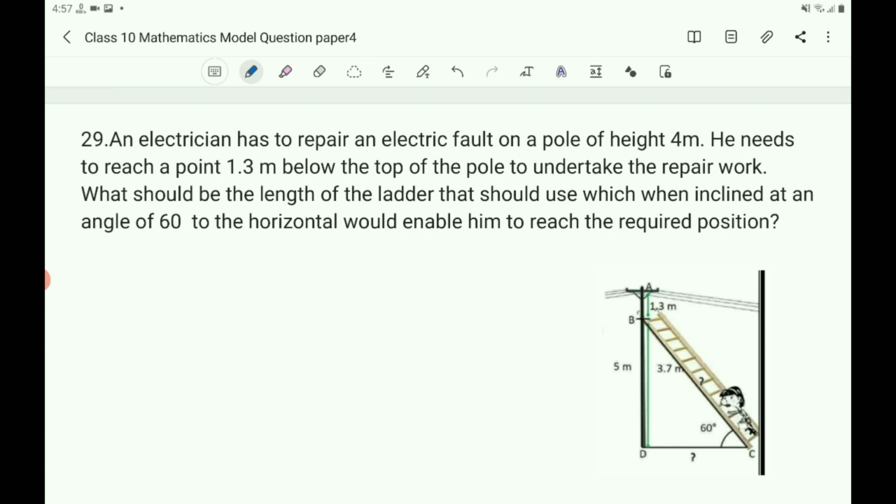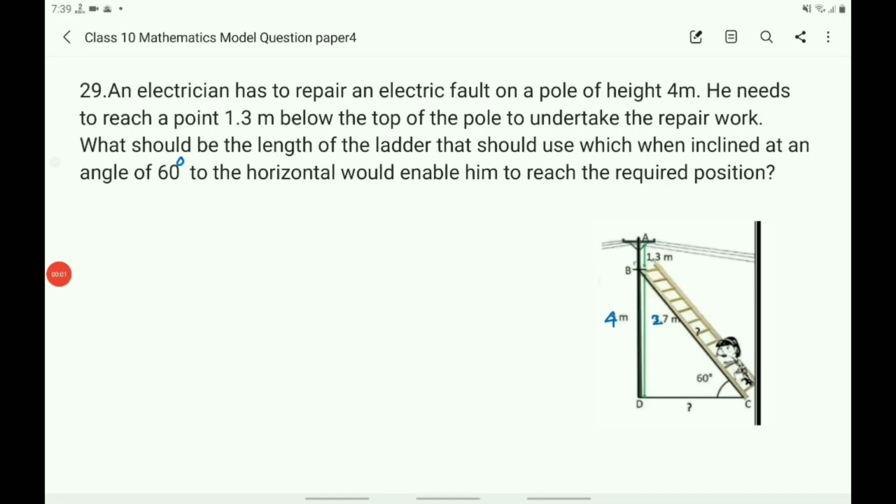What should be the length of the ladder that he should use, which when inclined at an angle of 60 degree to the horizontal would enable him to reach the required position? Here is an electric fault on a pole of height 4 meter, and he needs to reach a point 1.3 meter below the top of the pole to undertake the repair work.